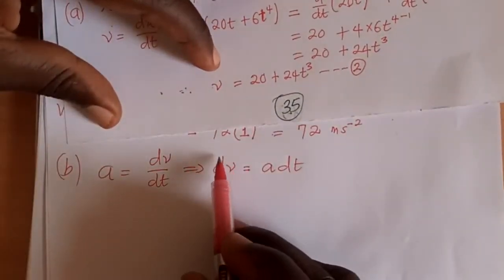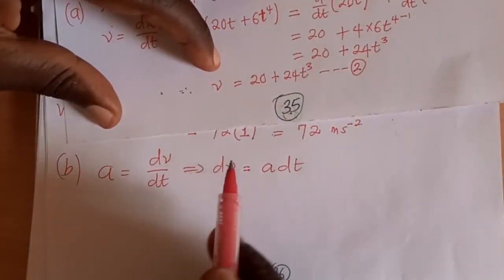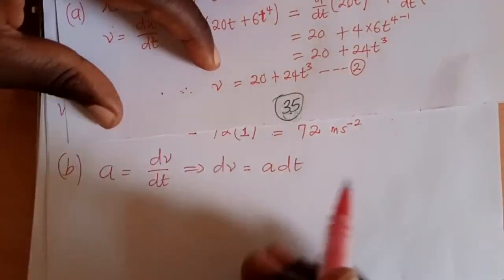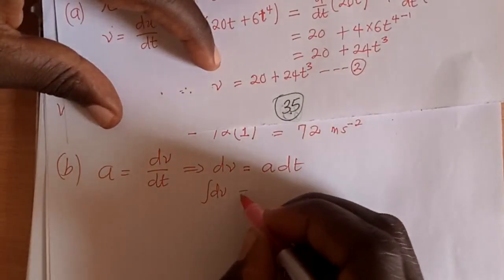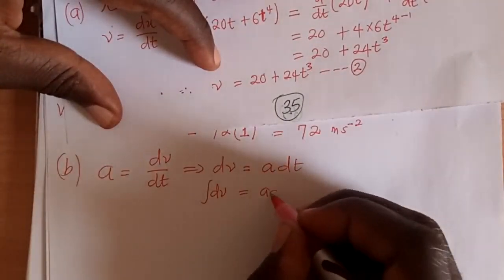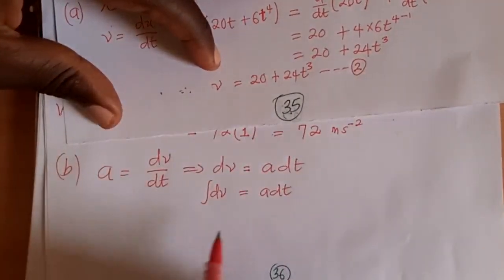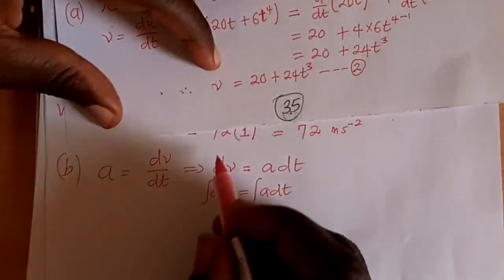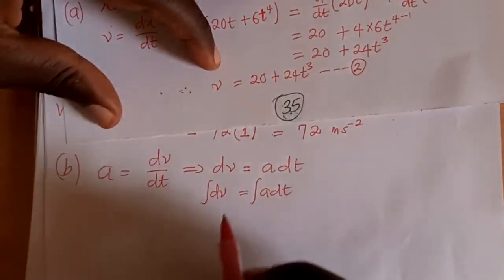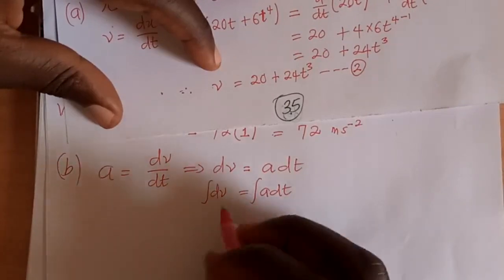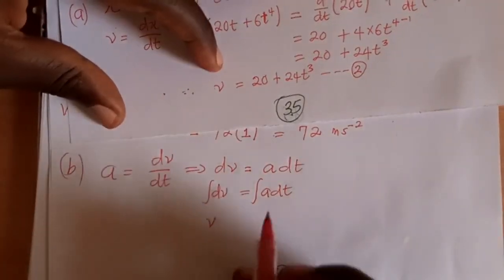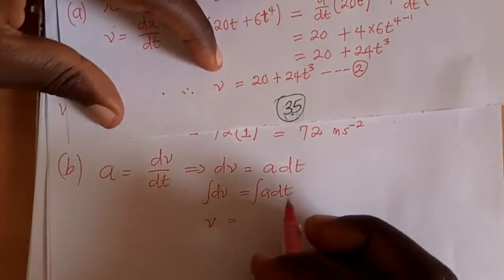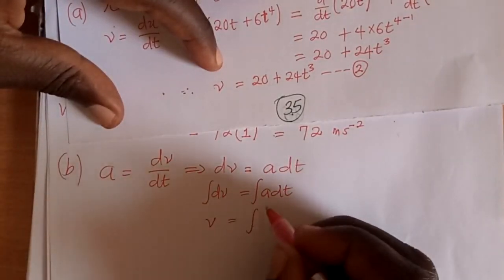Now this dv means a small change in velocity. If I want to get the complete velocity, I will take the integral of both sides. This is dv and this is a dt. So the integral of dv will just be v, meaning the complete velocity, and this is equal to, on this side, my a.